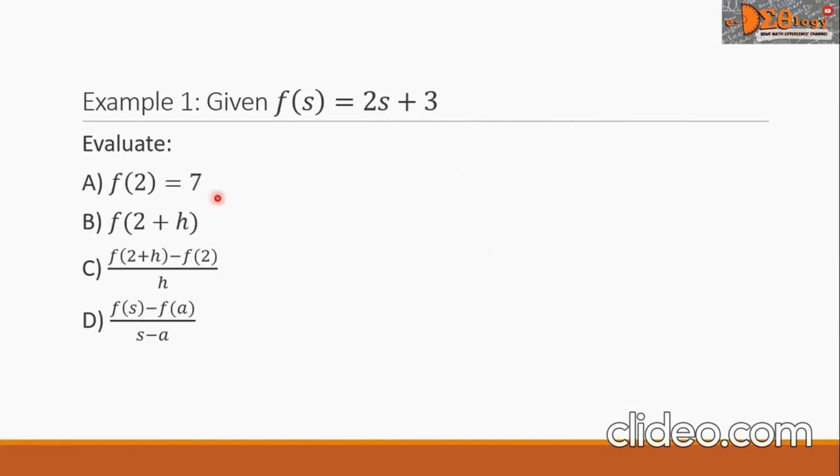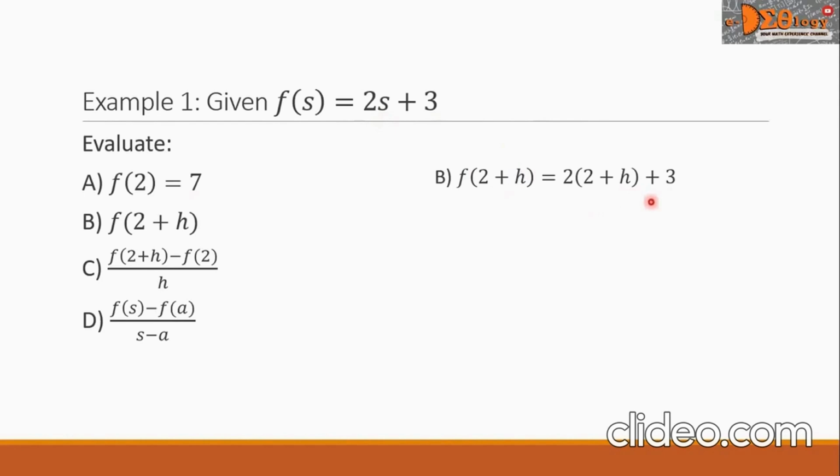Then we will proceed with letter B, the f of 2 plus h. The same idea, I am going to copy the same function. I will write here, but for the s, I am going to substitute the value 2 plus h. So we have now 2 times the quantity 2 plus h, then plus 3.